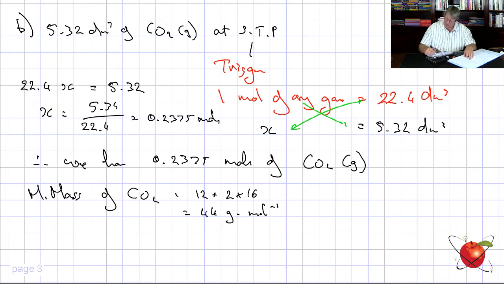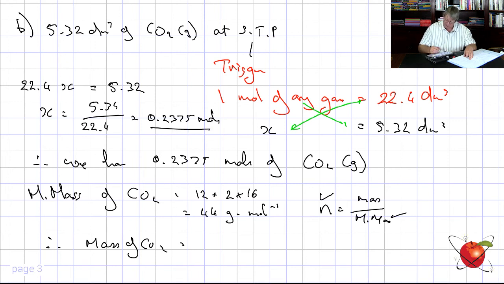Now I know N is equal to mass over molar mass, and we know that and we know that. Therefore, mass of CO2 is the number of moles we've worked out, 0.2375 times 44. And the final answer is 10.45 grams.